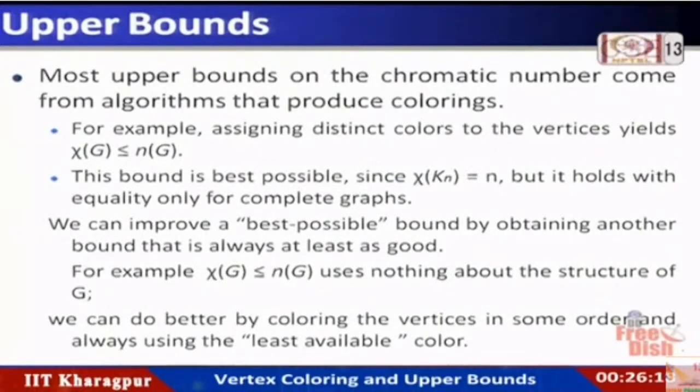Most upper bounds on the chromatic number come from algorithms that produce colorings. For example, assigning distinct colors to the vertices will yield that the chromatic number of G is at most Ng, in the sense that if we are given a graph, let us say this particular graph here is K3, then how many different colors do you require?